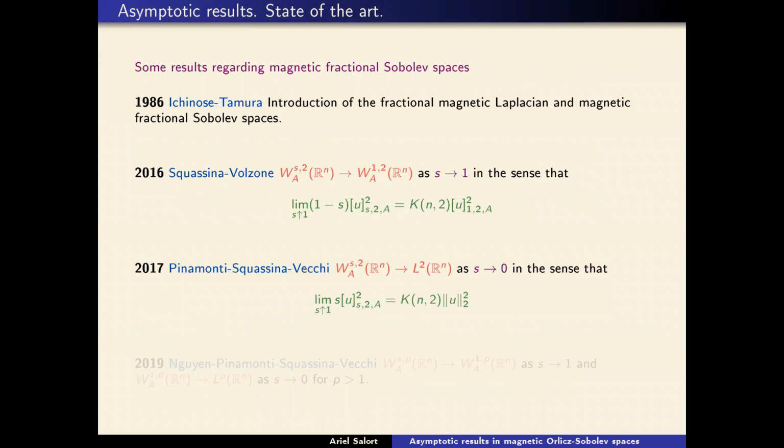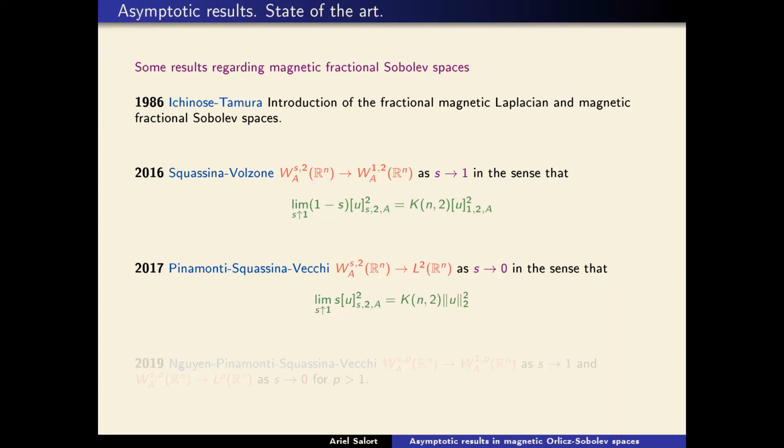Then the behavior when s goes to 0 was analyzed in a paper in 2017 by Pinamonti, Squassina, and Vecchi. They proved that the space W^{s,2}_A goes to the space L^2 when s goes to 0, in a similar sense. The seminorm times s goes to the norm of the limit space up to some dimensional constant.